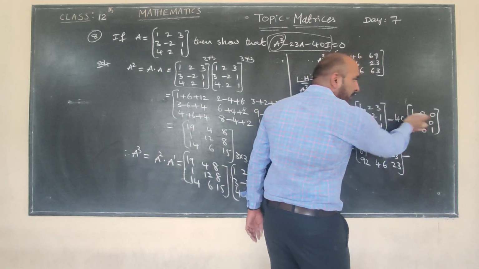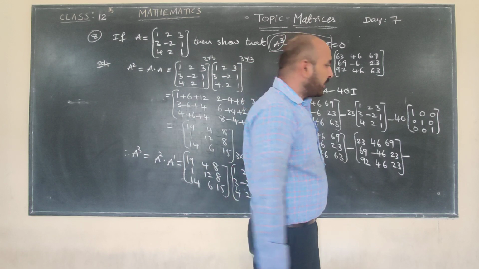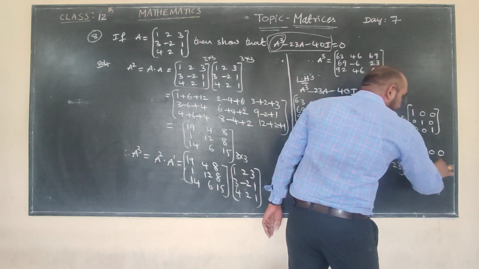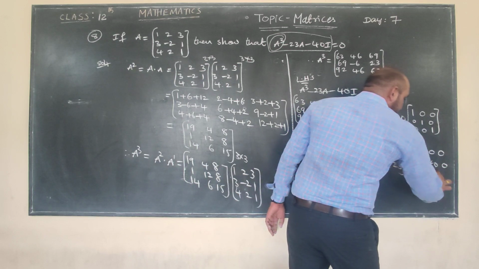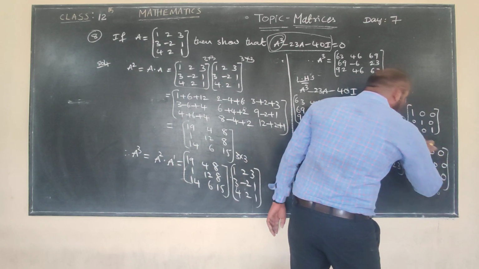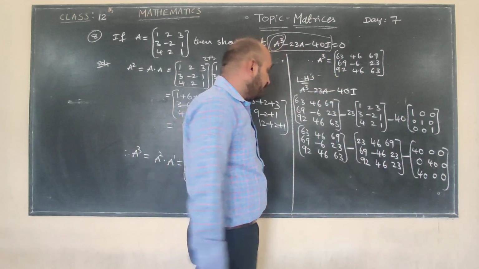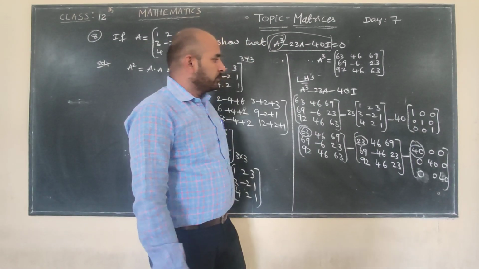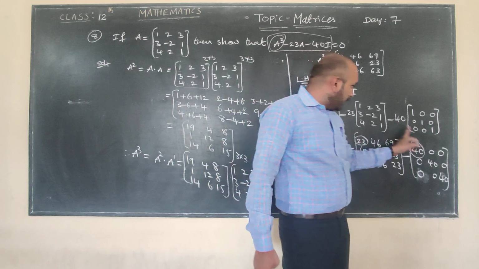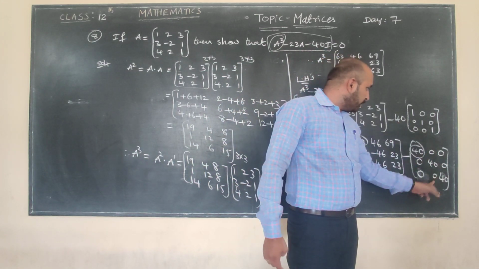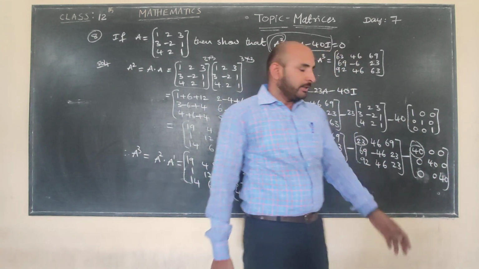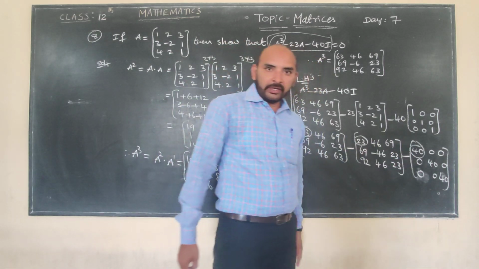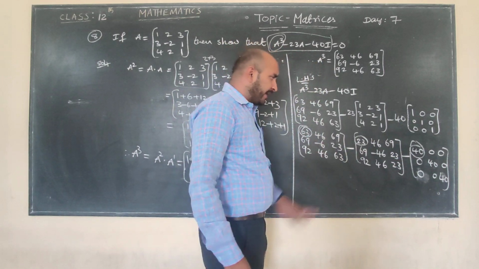Minus 40 multiply identity matrix elements. 40 ones are 40, 40 into 0, 0. So now first element, here also first element, here also first element must be subtracted.